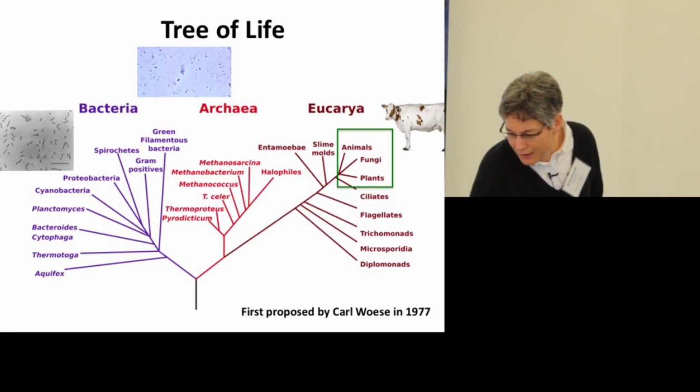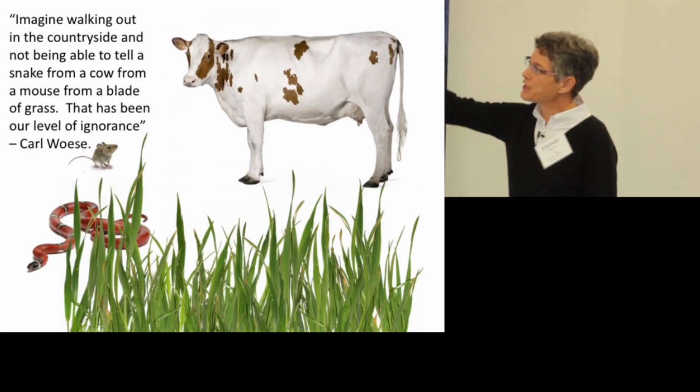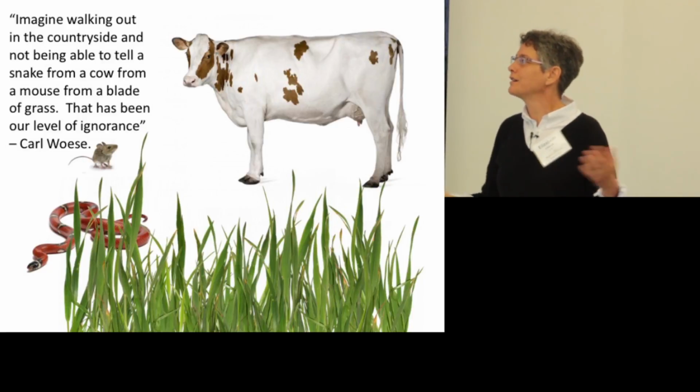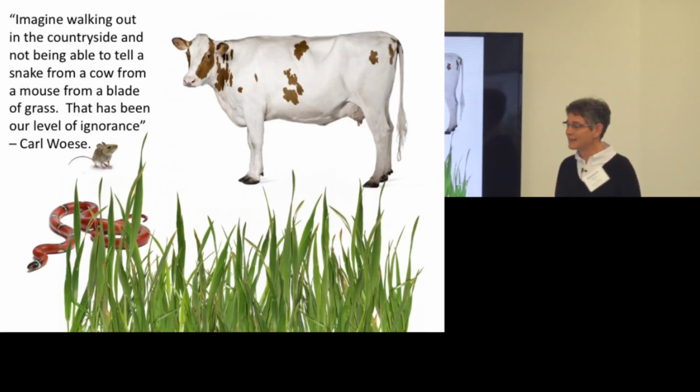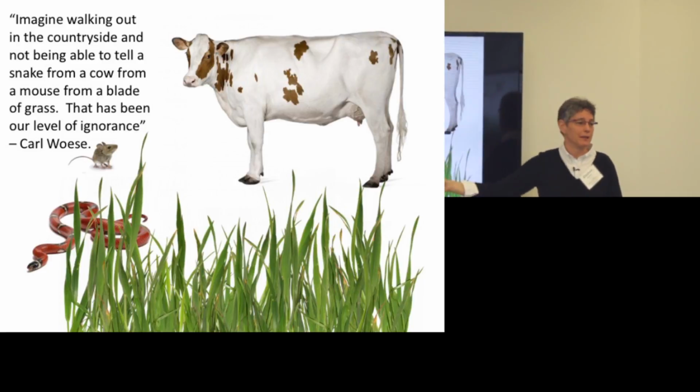So he first proposed this three kingdoms of life in 1977. And there's a nice quote that he has here, which is: imagine walking in the countryside and not being able to tell a snake from a cow, from a mouse, from a blade of grass. And so when you think about the microbial world, we walk around and all we see are these tiny single-cell organisms and they all look about the same, and you can't tell one from the other, but they are way more different even than a cow is from a blade of grass.